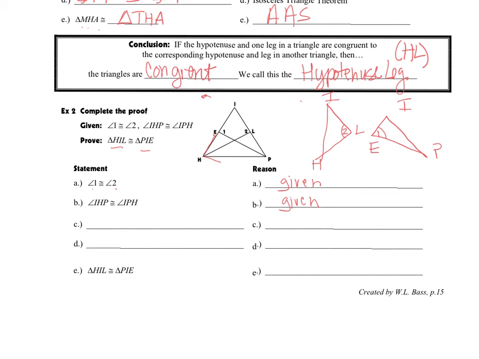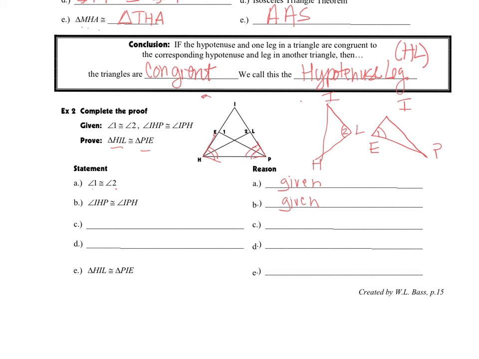IHP is this angle here, and it is congruent to IPH, which is this angle here. Now, if we look at this large triangle here, we know that if we have these base angles that are congruent, then these sides must be congruent.